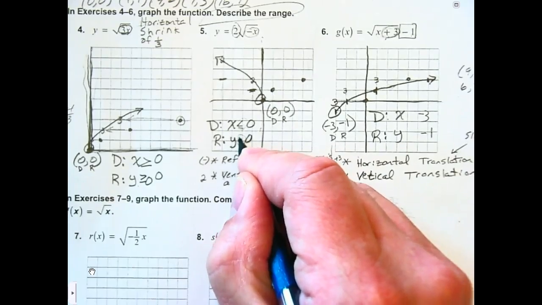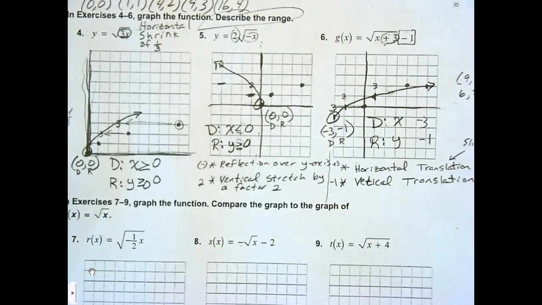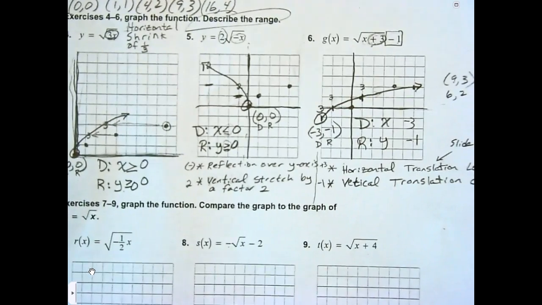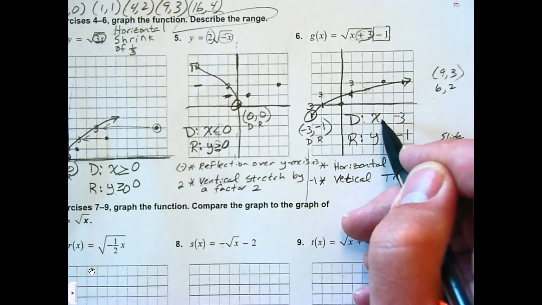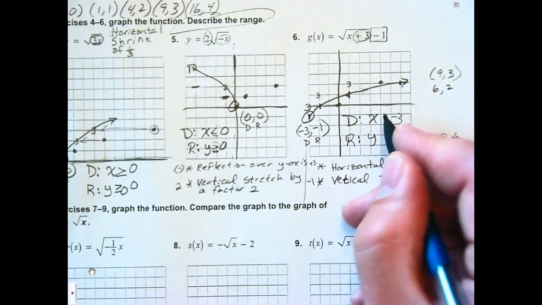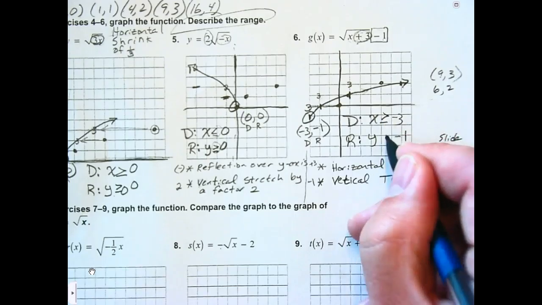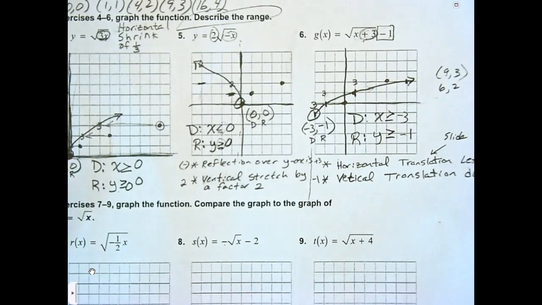Y, greater than or equal to. All right, and here, x is starting at -3, you're getting bigger or smaller? Bigger. Y, you getting bigger or smaller? Bigger. Okay. There's our domain and range.